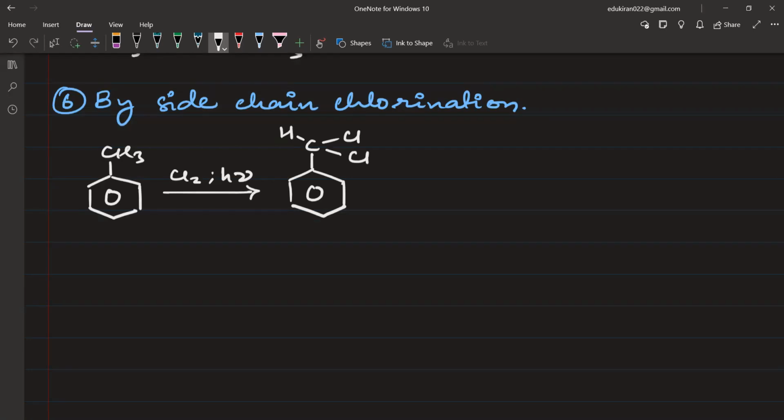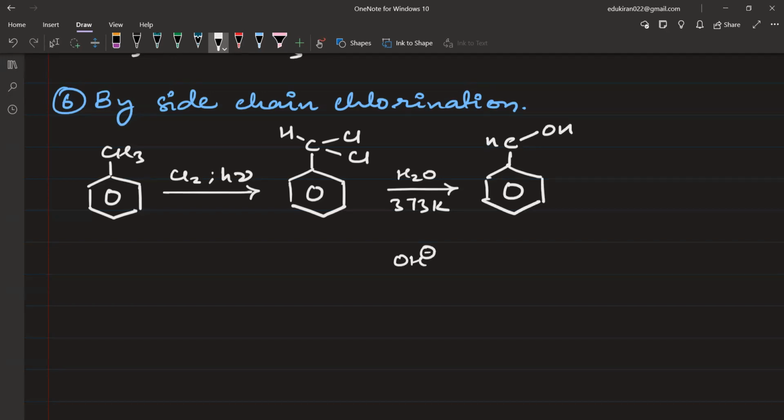Okay, there is hydrogen here. Then what we do, we treat this with water at 373 Kelvin at high temperature. So water will have OH negative. Now OH negative का काम क्या है? It replaces the chlorine. So it will replace both the chlorine atoms, giving you CH. There will be OH and one more OH.